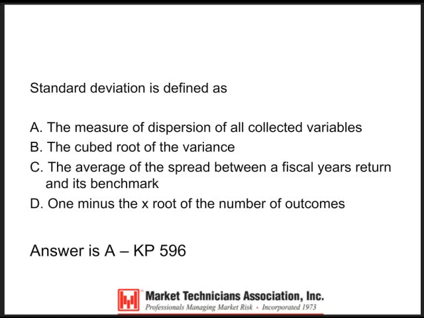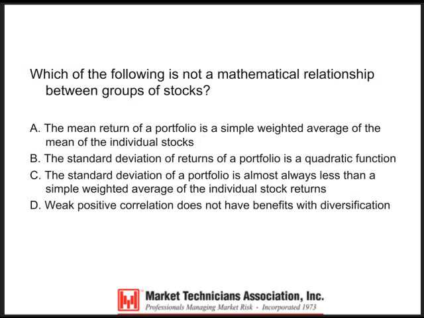And then C and D are easily eliminated because we're not talking about a company's fiscal year return versus its benchmark, or the 1 minus the X root of the number of outcomes. So that gives you something close, I guess, to your degrees of freedom, subtracting out the root there. But the standard deviation is obviously the best answer.